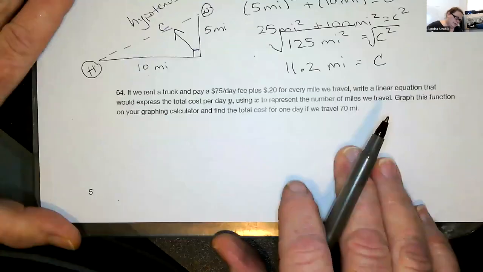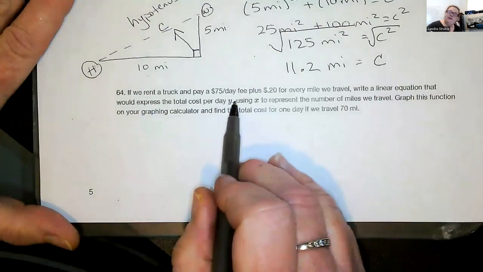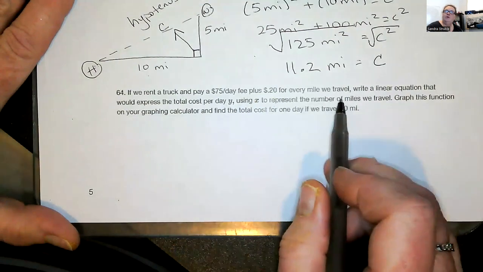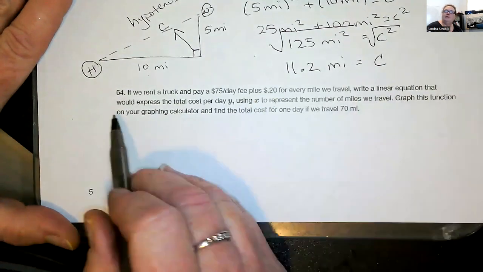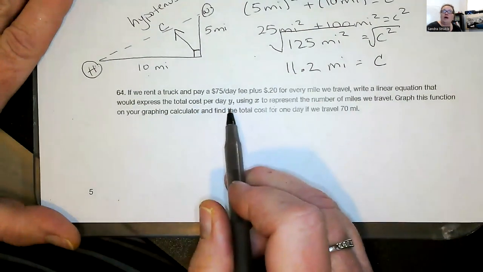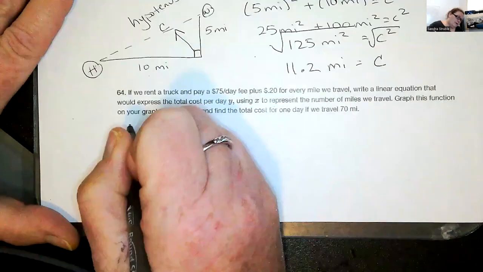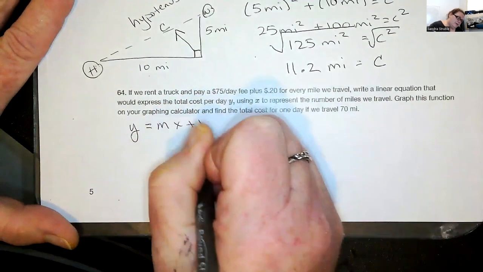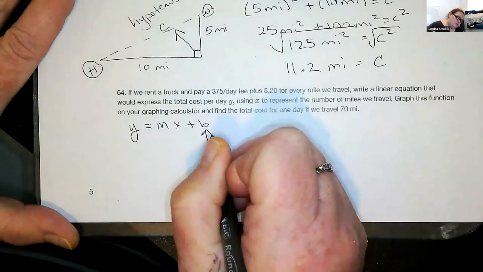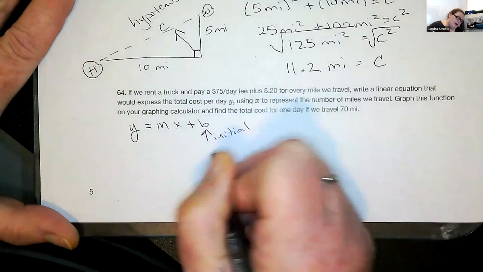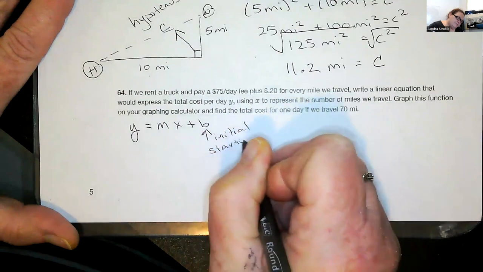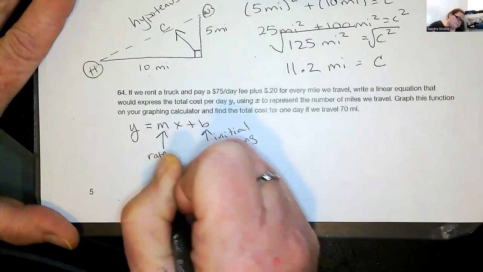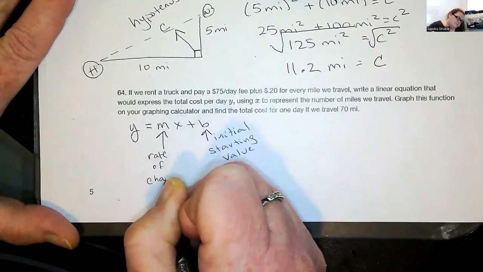So the next one is, if we rent a truck and pay $75 per day fee plus 20 cents for every mile we travel, write a linear equation that would express the total cost per day, Y. So we're using Y, and it looks like we're using mx plus b. b is the initial or starting value, and the rate of change is your m, your slope.